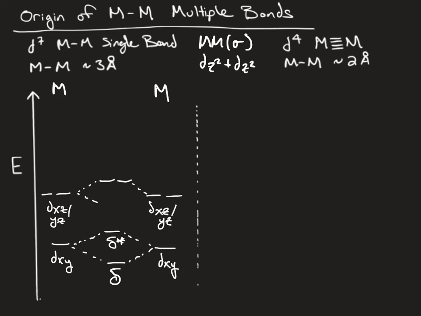So the corresponding delta and delta star and pi and pi stars are not that different in energy than the starting atomic orbitals. When you start forming metal-metal multiple bonds, you start to enforce eclipsed geometries. So the ligands on the two metal centers are eclipsed relative to one another as opposed to staggered when you have the metal-metal single bond.